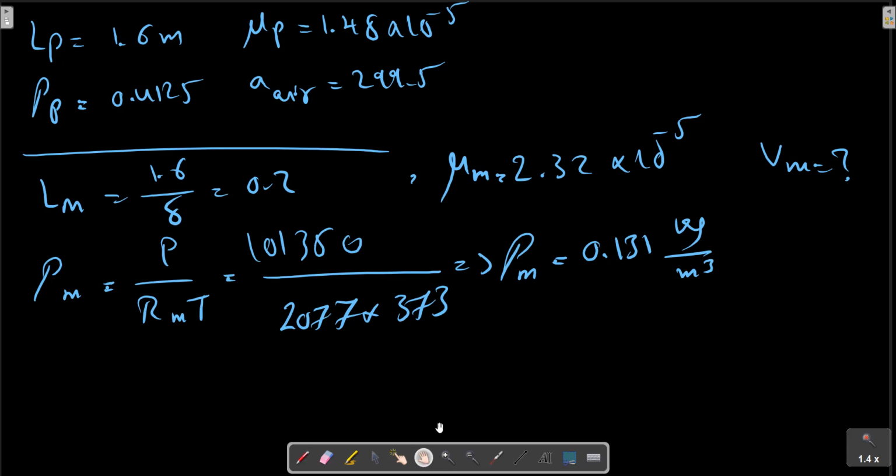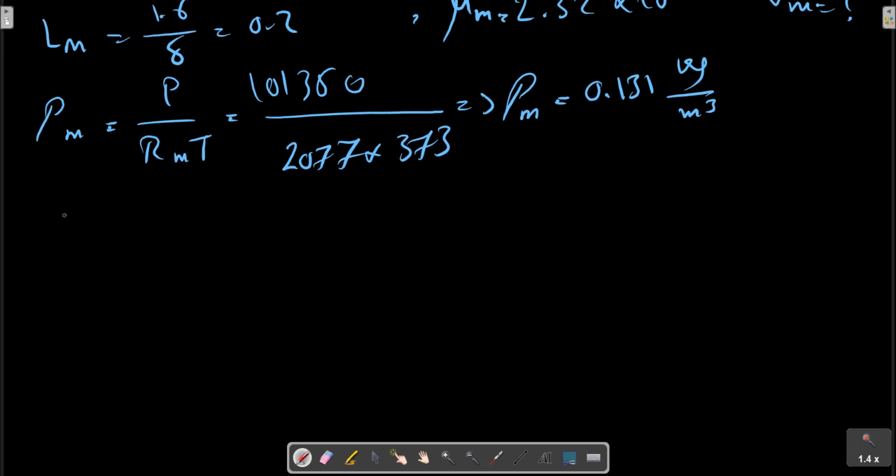With Mach equality, we can calculate Pm. With Mach equality, rho for equality of Reynolds.